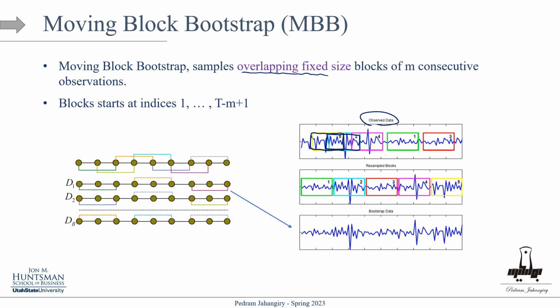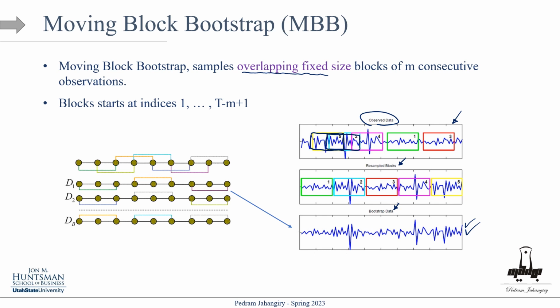In this example, we're going to have 5 blocks with fixed size, whatever the size is. Then we're going to put them together, we call it resampled blocks, and then we sort them in a way that the length of the resampled blocks is the same as the length of the observed data, right? This is going to be our bootstrap data. And now we can repeat this process many times. We can generate many bootstrap observations, right?